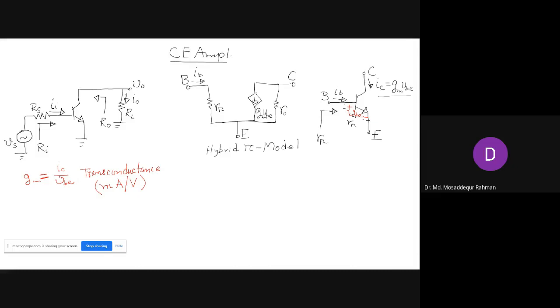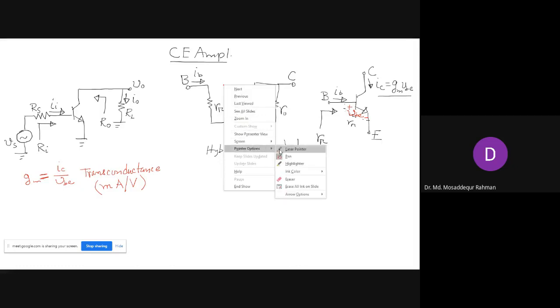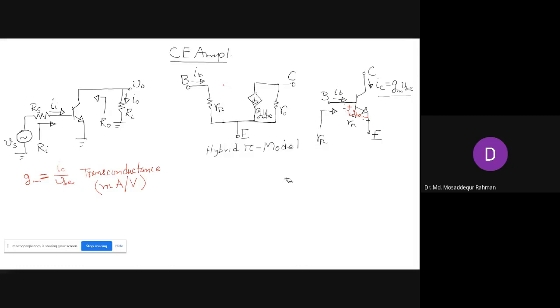The other thing here is the R naught. What is R naught? R naught is the resistance connected between the collector and the emitter. What is the significance of this R naught?